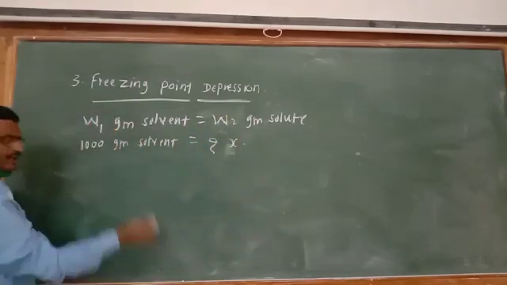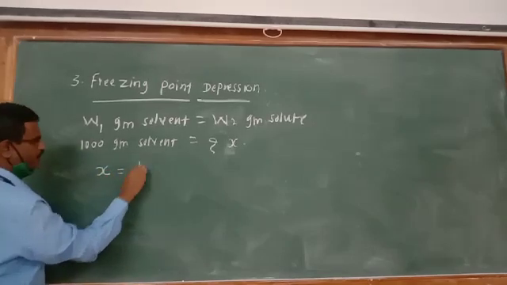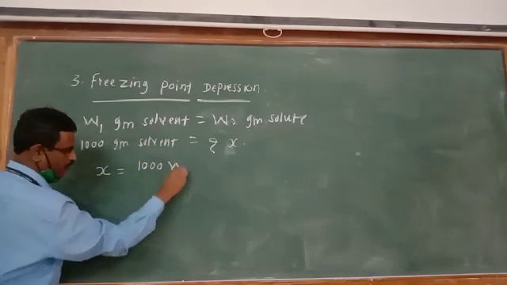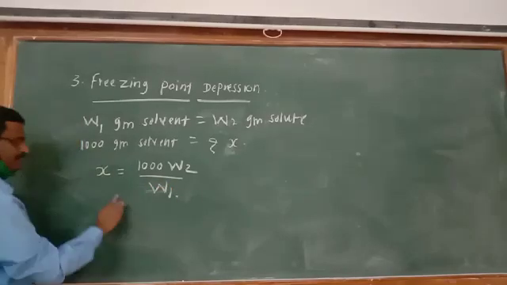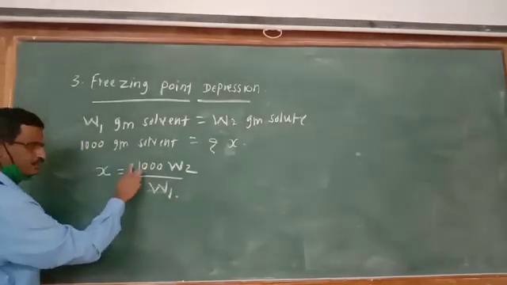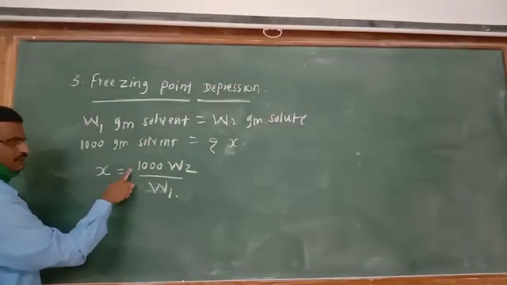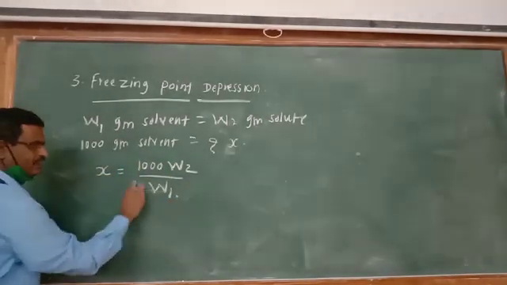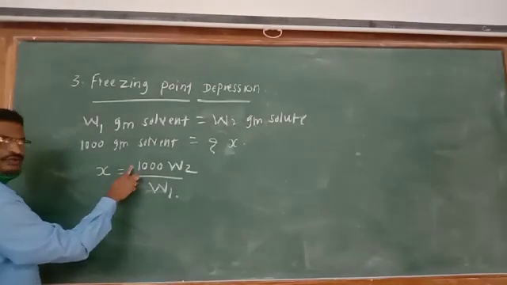X gram. So X can be calculated by cross multiplication. X will be equal to 1000 W2 upon W1. This is the mass of solute present in 1000 gram of solvent.